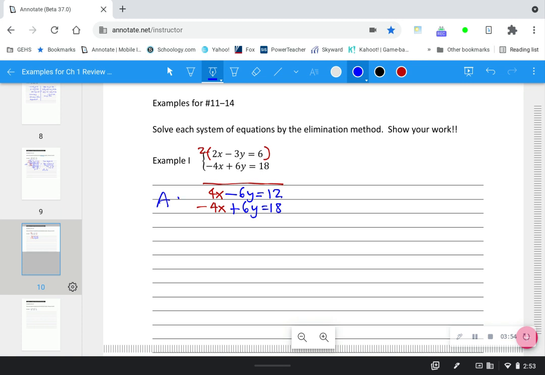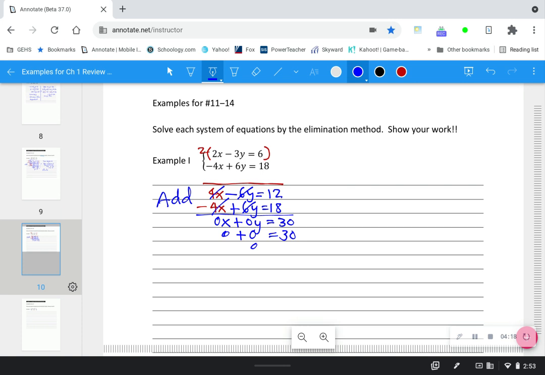And when we add here, you're going to get 0x, they cancel. 0y, they cancel. And on the other side, you're going to get, let's see, 20, that's 30. So we have 0 times x and 0 times y, that's 0 and 0, is 30.